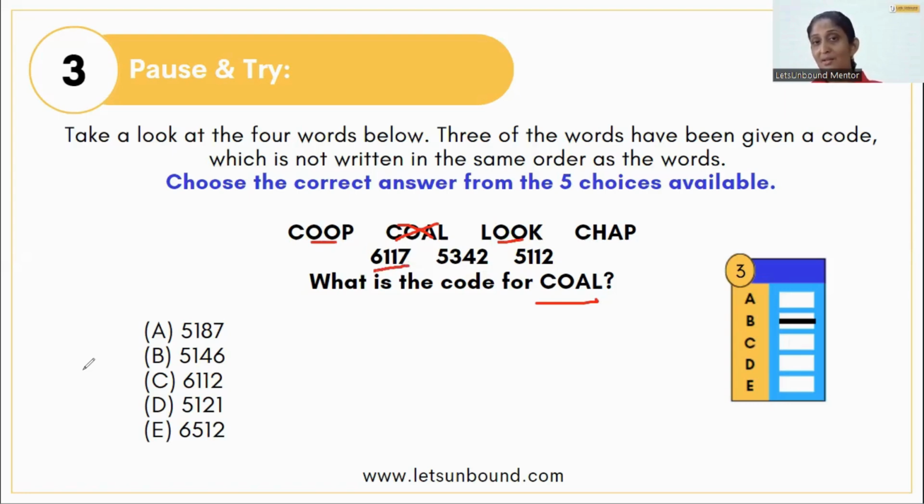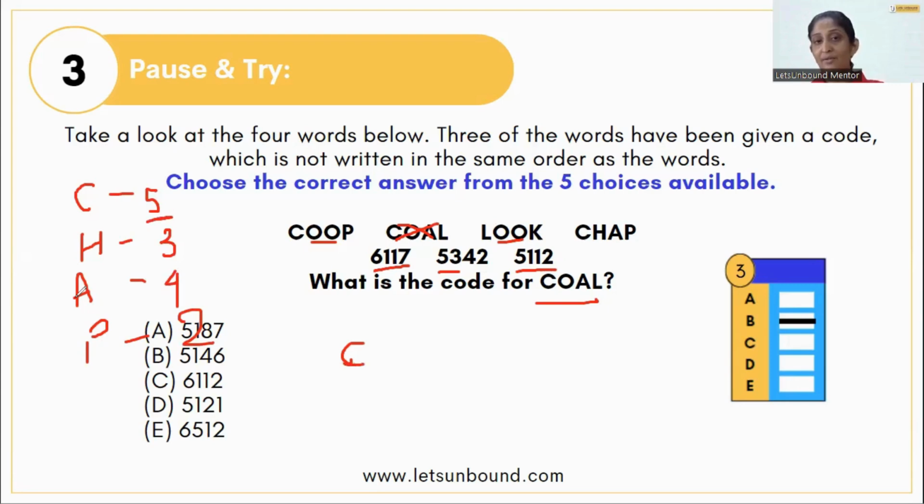So that means these two codes, 6117 and 5112, are either for COOP or LOOK. So this 5342 is for CHAP. We can very easily identify that CHAP indicates 5, 3, 4, 2. So the code for C is 5.